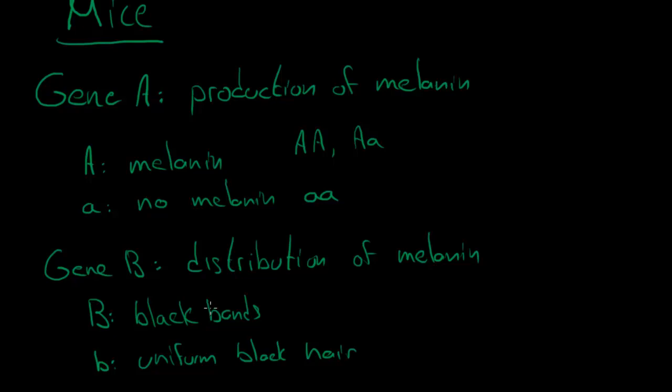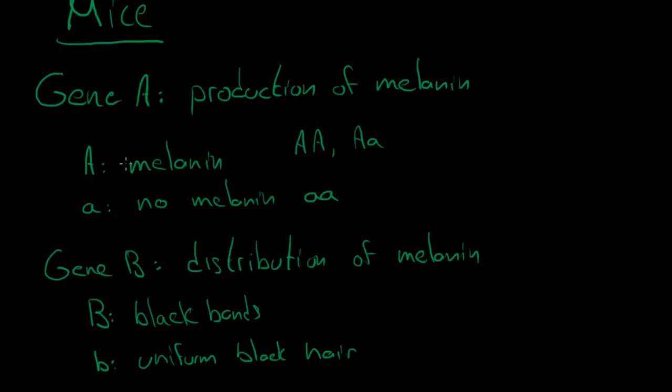Now, as we explained before, epistasis is when one gene interferes with the expression of another. So take this example here. If there is no melanin, so if a mouse is homozygous recessive, then it will not make any melanin, so gene B will not actually do anything because there is no melanin to distribute.